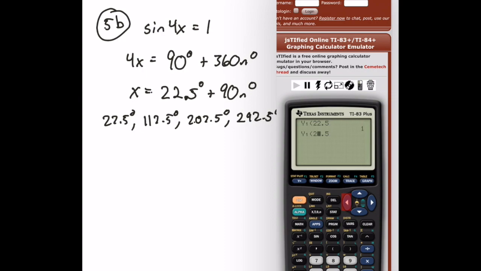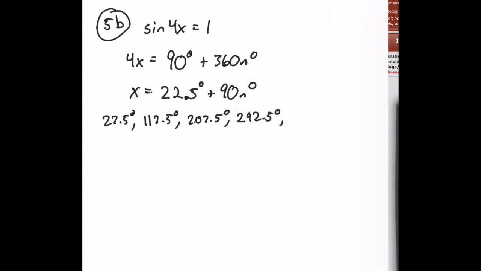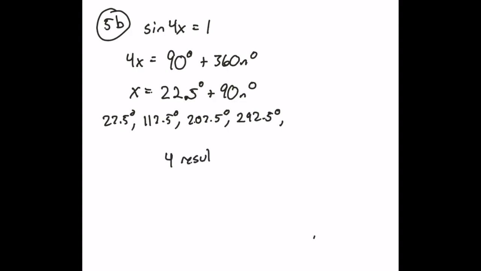Then I'm going to plug in 112.5, we should get 1, and we do. I'm going to plug in 202.5, we should get 1, and we do. And the last one, 292.5, and we get 1, okay? So how many results? We'll say 4 results, 0 to 360. Okay?